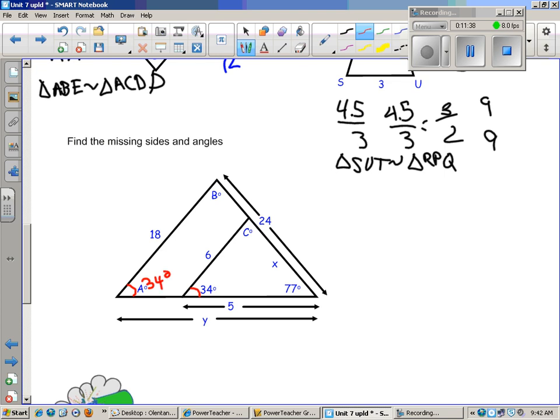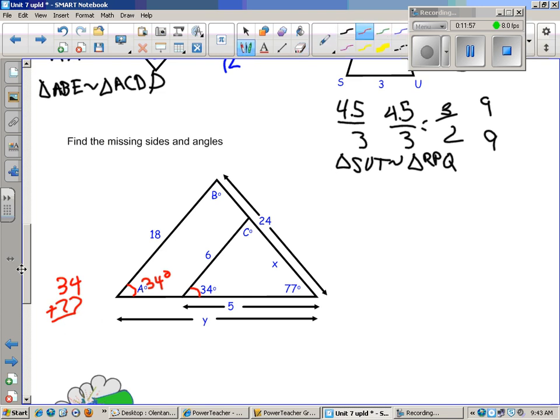Okay, how would I find C? 34 plus 77 is, oh wait, 111.